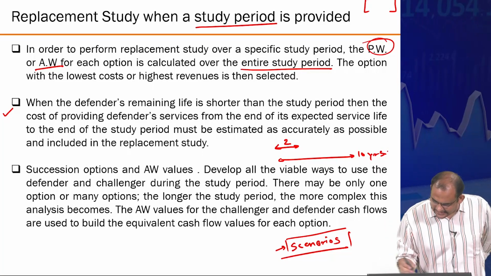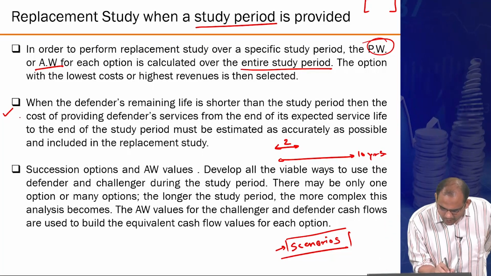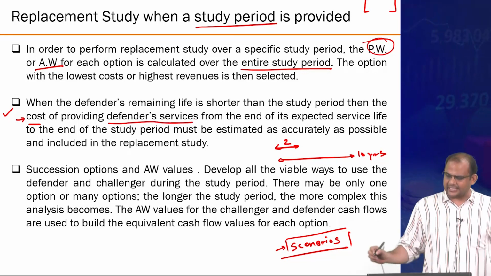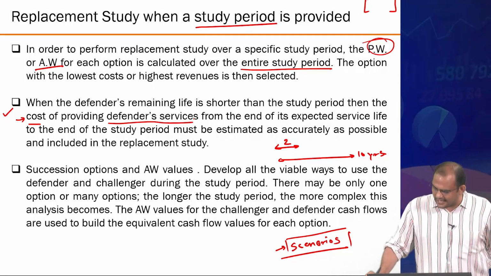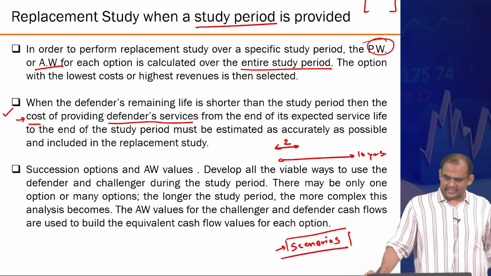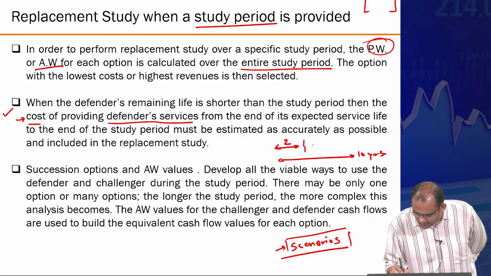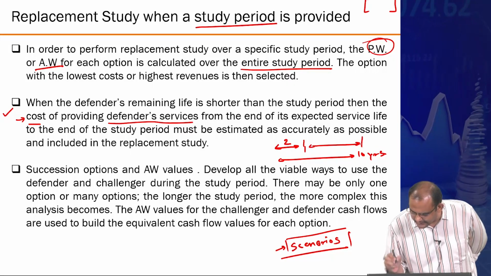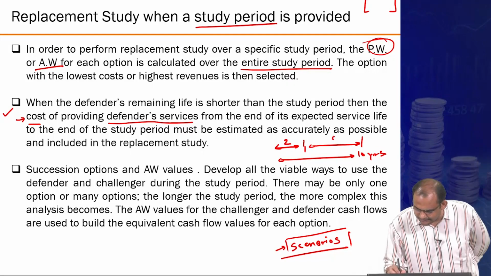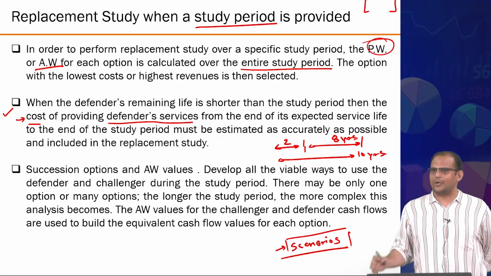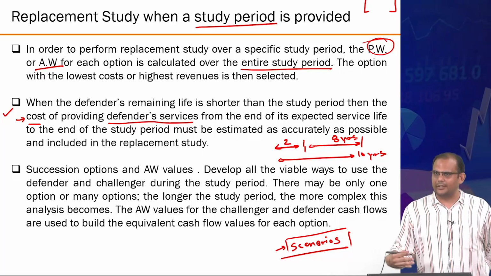So in this case, you also have to consider the cost of providing Defender services from the end of its expected service life to the end of the study period. So whatever happens in this 8-year period is also necessary to be included in this decision.